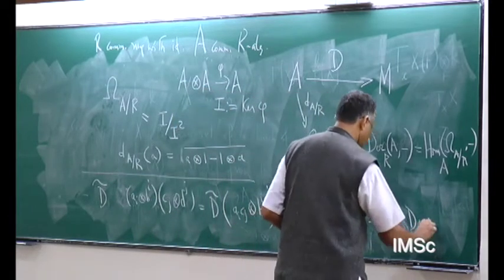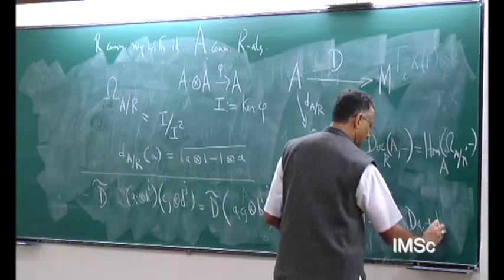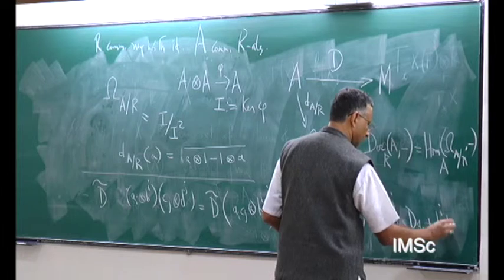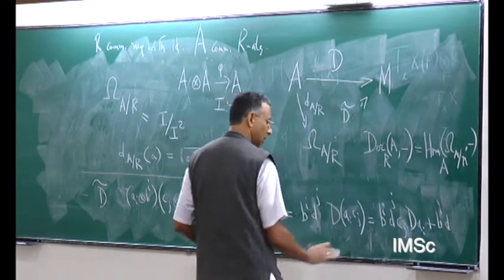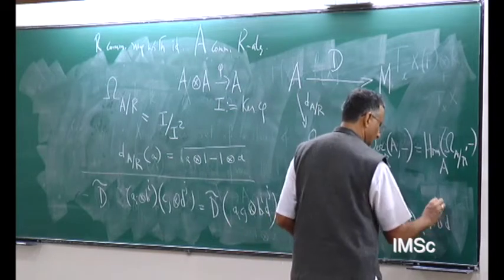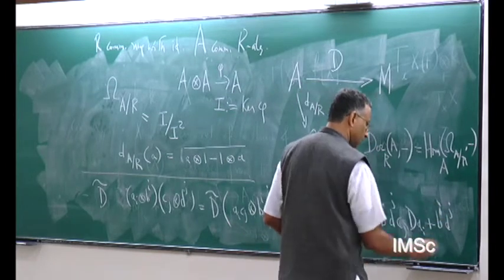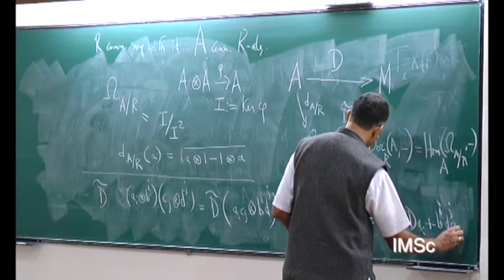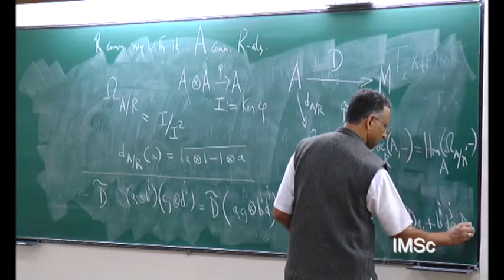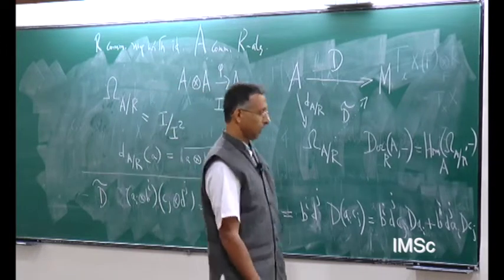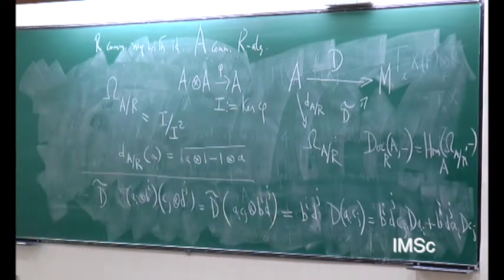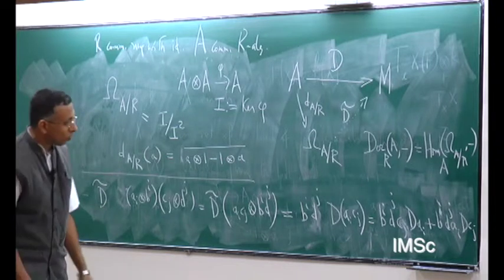Plus the other one is Bi Ai dCj, correct? Okay.